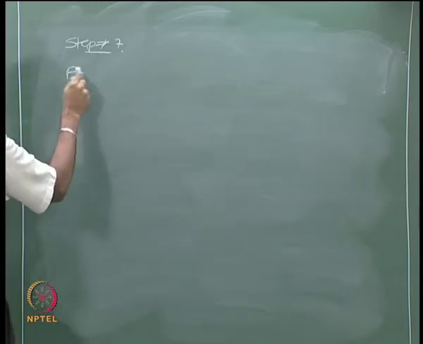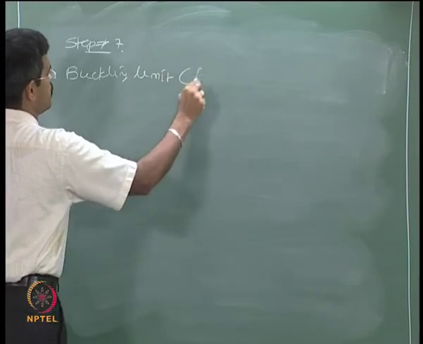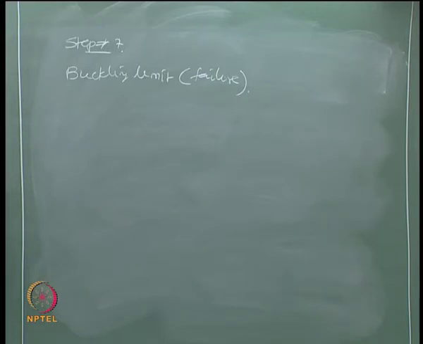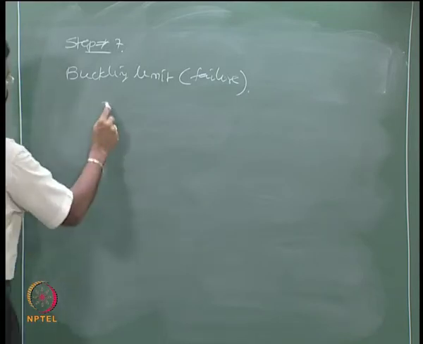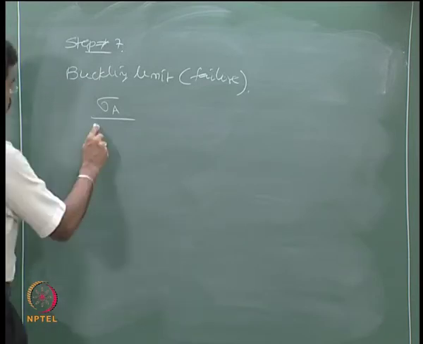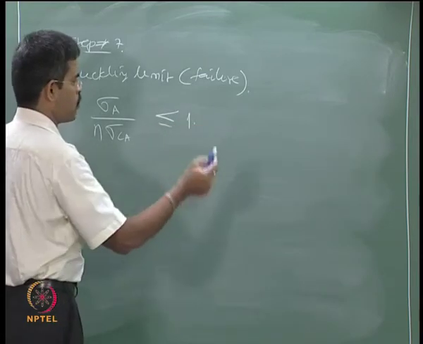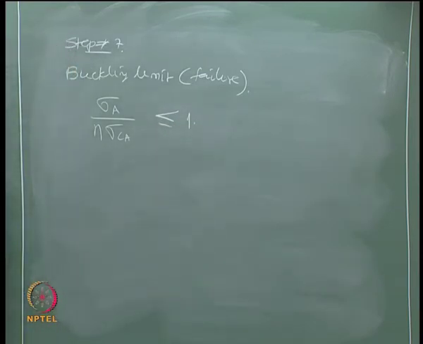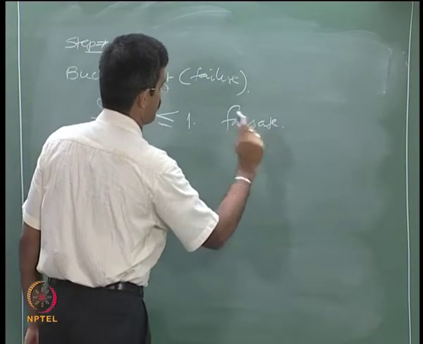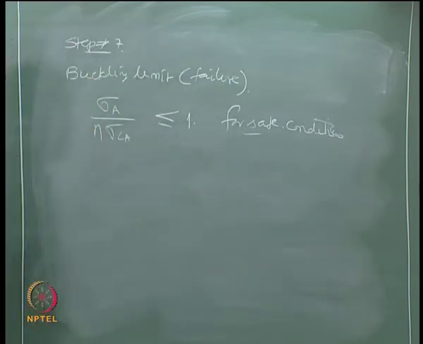So, let us establish the failure due to the buckling limit, which says sigma A by n sigma Ca, is it less than or equal to 1 for safe conditions. So, let us see in my problem what is this value.